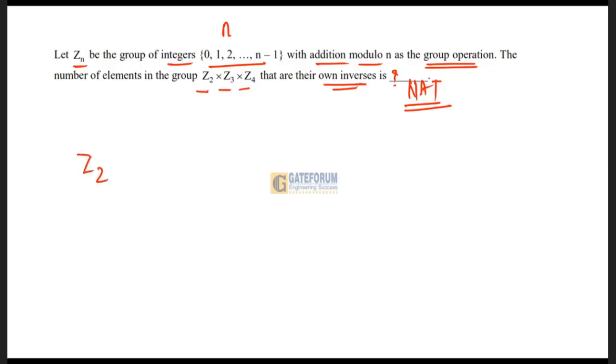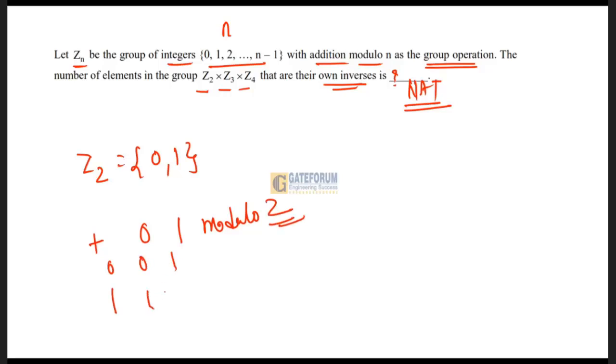For Z2, the elements are 0 and 1, because n is the number of group integers, so 2 integers are here, 0 and 1. If we add using modulo 2, we get 0, 1, 1, 0.